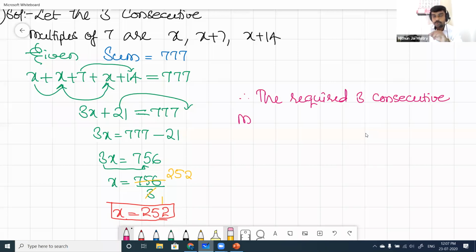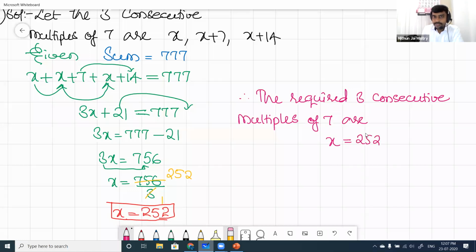Conclusion is very important. What the question is asking, the same direct answer should be the conclusion. Multiples of 7 are, what are those? First one is x. So x is what? x is 252.